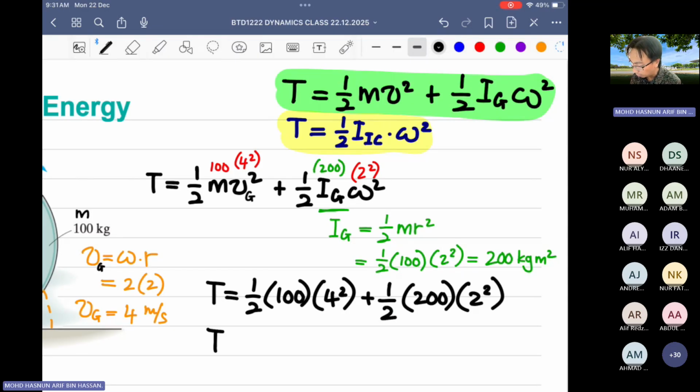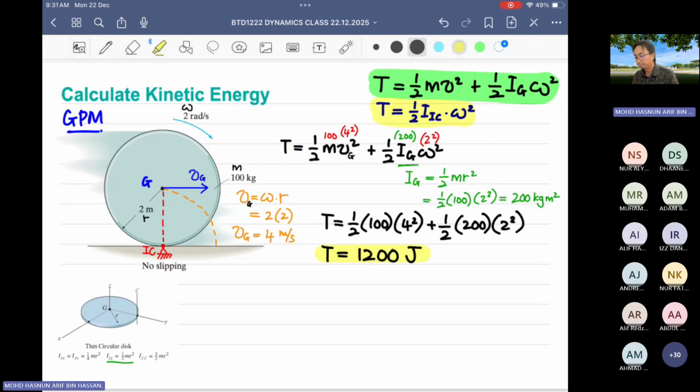So we will get 1,200 joule. So this is the value of kinetic energy of this problem.